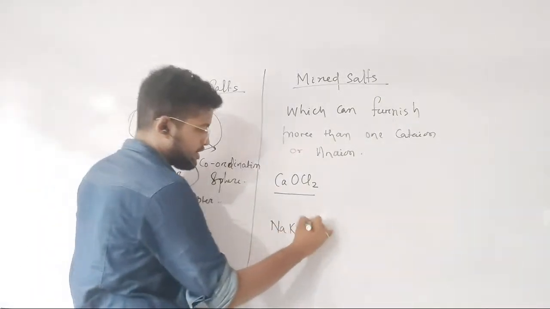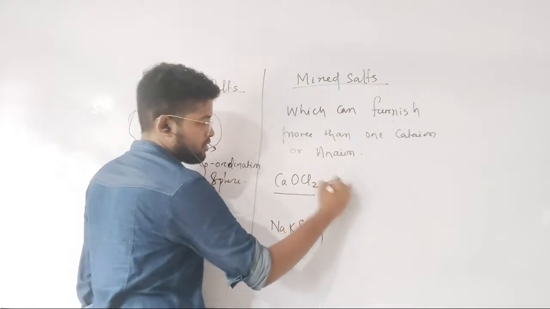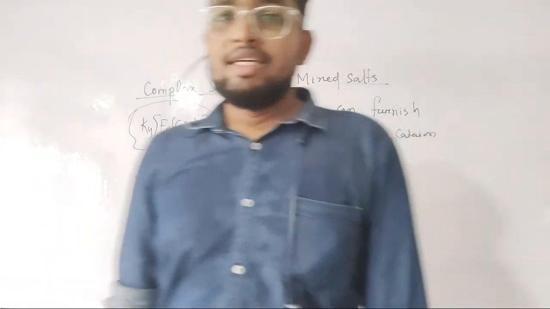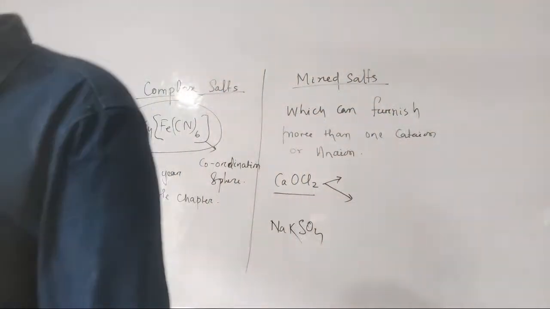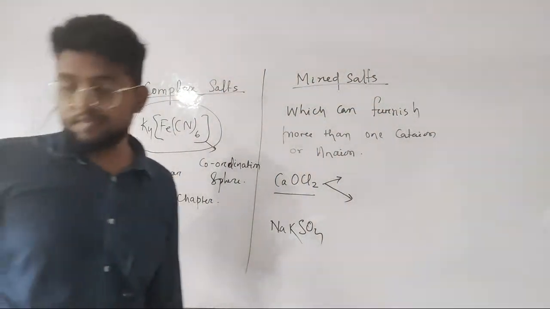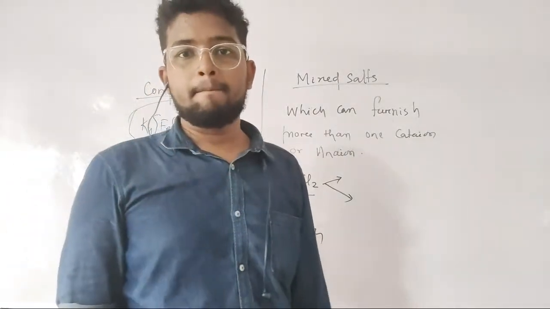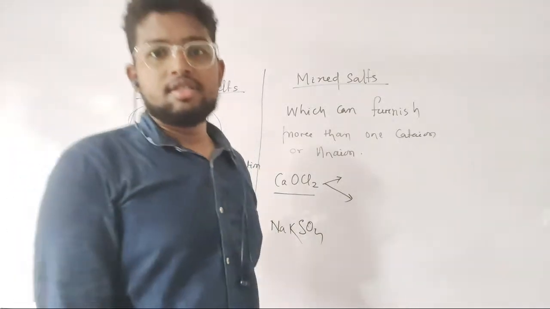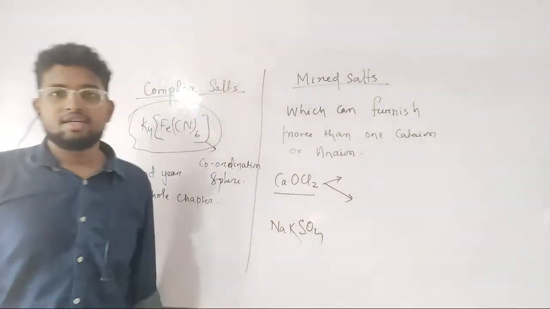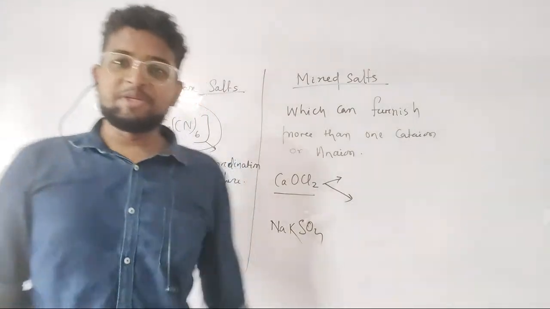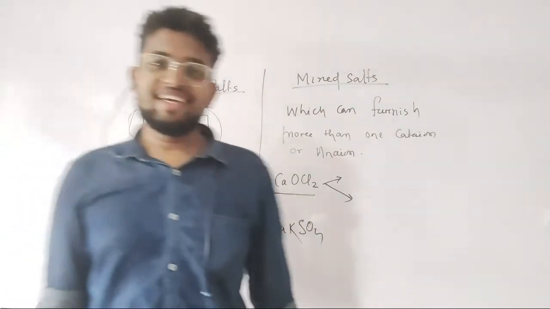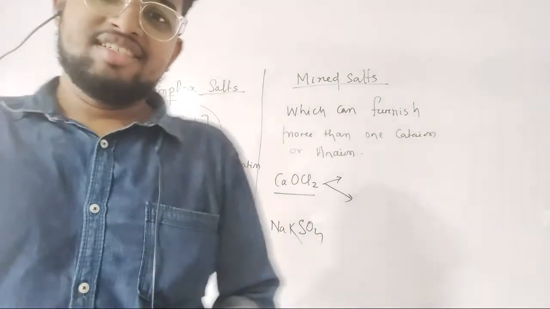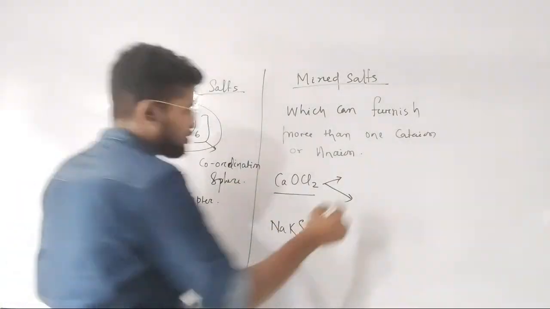Can anyone tell me the name of this salt, and what anions and cations it is producing? Calcium hypochlorite. Okay, please tell me the common name. Don't copy from Google. Can you tell me the common name you studied in your 10th class? Do you remember something like bleaching powder?